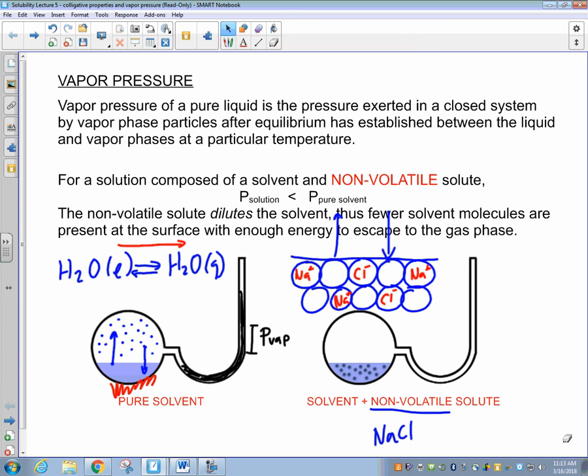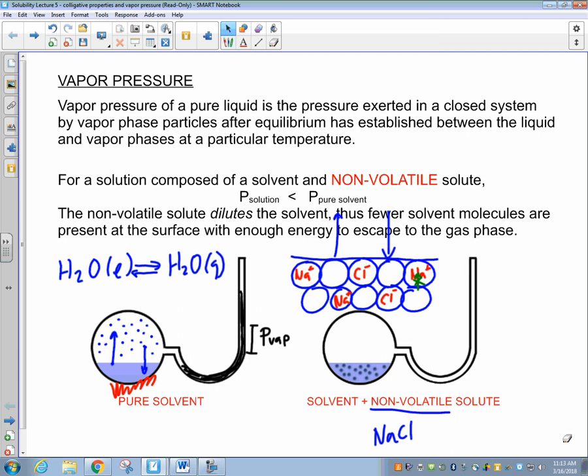The net effect is that if you decrease the number of water molecules at the surface, that should decrease the rate of the forward reaction. That is to say, the rate of evaporation at which water molecules are leaving the surface is slowed, because water molecules below the sodium ions do not have the ability to escape into the gas phase. They're essentially blocked by the sodium ions or chloride ions at the surface.